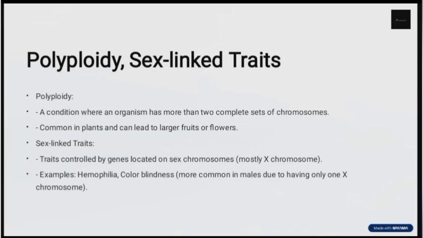Sex-linked traits. In humans, for example, we have 23 pairs of autosomes and then one pair of sex cells. So what does this mean?